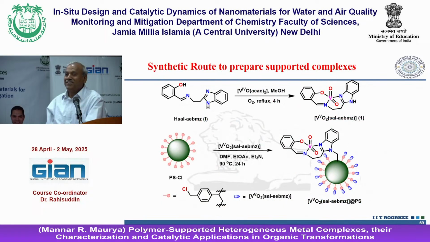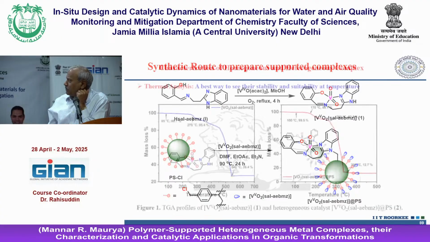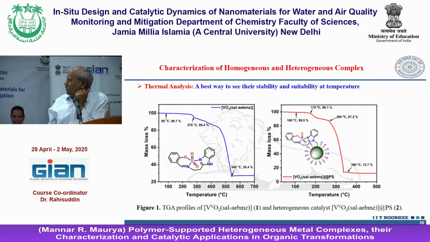All right. So now this is another simple molecule, and then immobilized on the polymer support. Now the advanced technique and third generation student, right? All right. So this is the molecule, and then see TGA characterization.